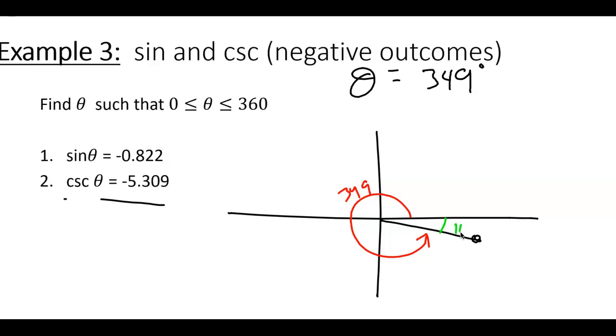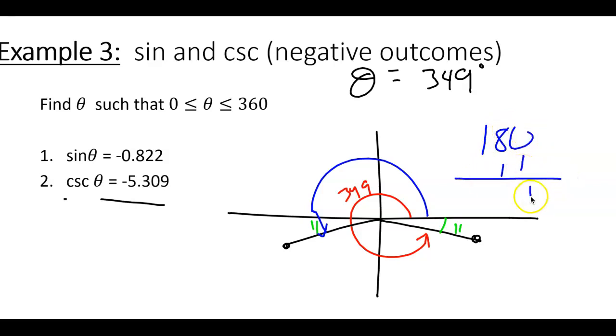So now I need to find the symmetrical portion, which would be the one over here. And once again, using the symmetry, I would just say, okay, well, that's 11. And then this is 180 plus 11. 191. And there's our second answer for that one.